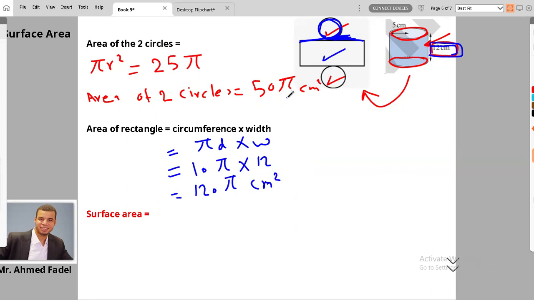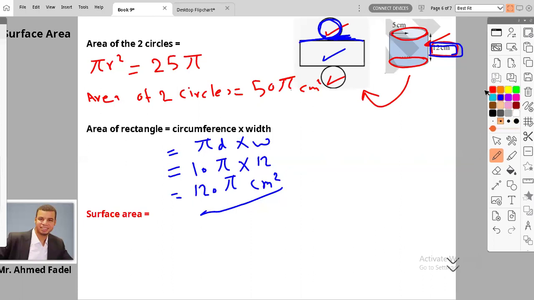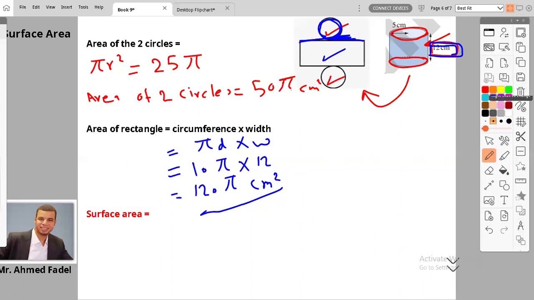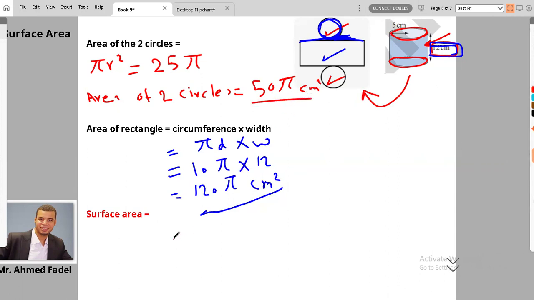We need to add the area of the rectangle and the area of the two circles. Add them up, they give you the surface area. So 50 pi plus 120 pi equals 170 pi centimeters squared.